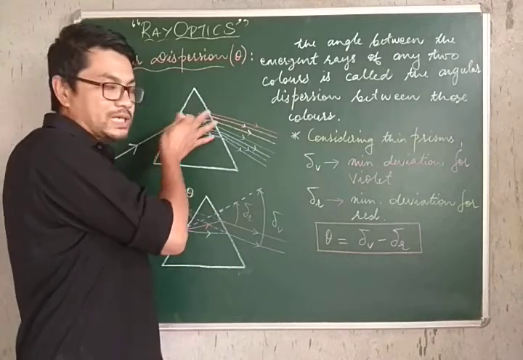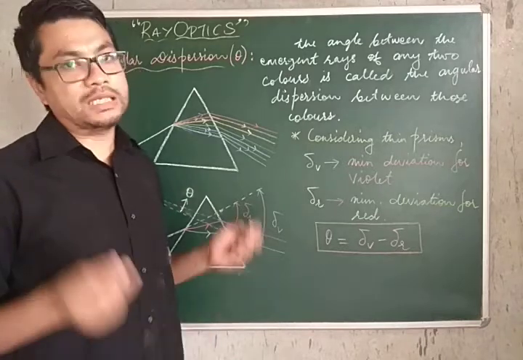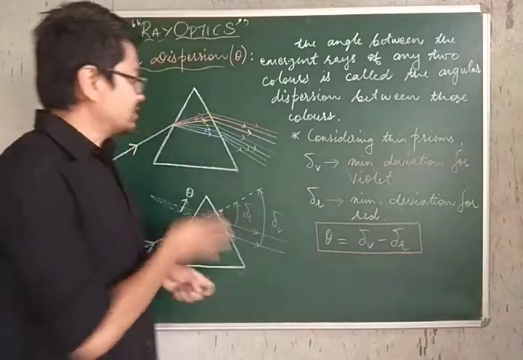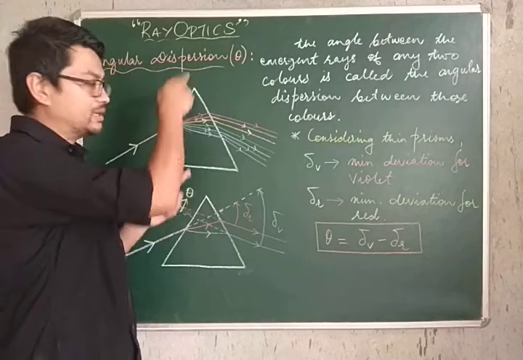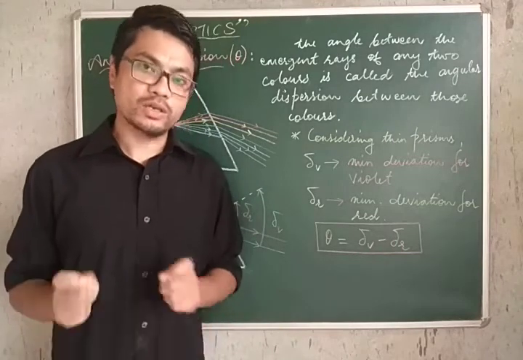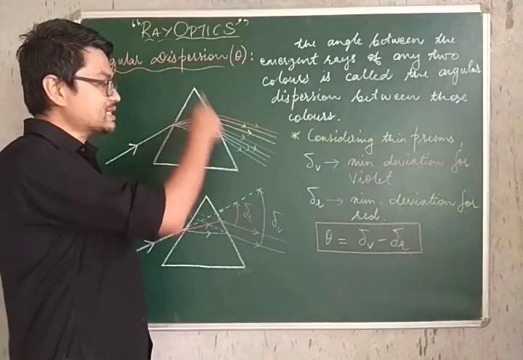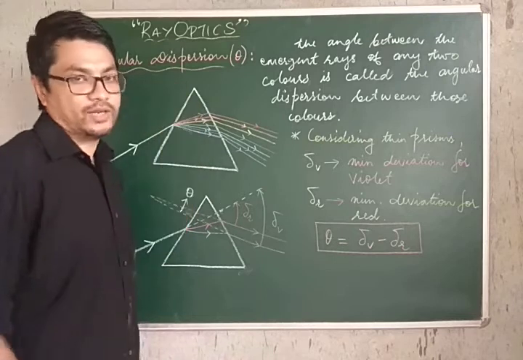Now, why does this white light split? The very fact it splits is because different colors of light travel with different speed in any medium apart from air or vacuum. So to say, the refractive index of a given medium is different for different colors of light.